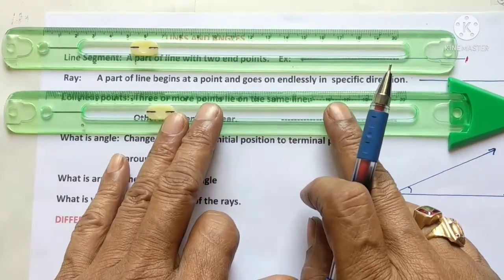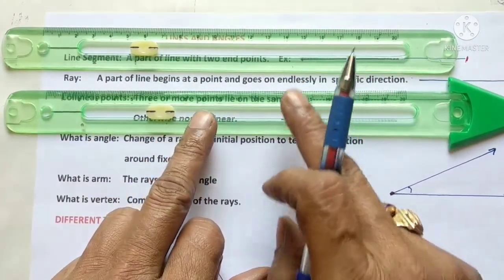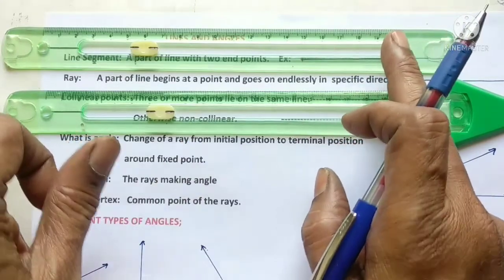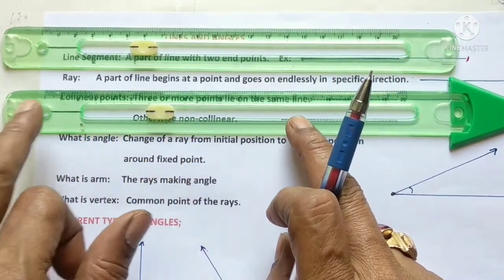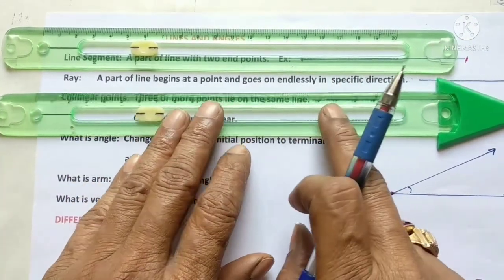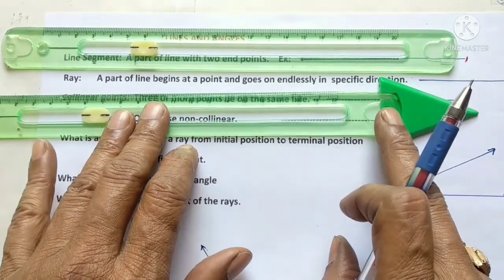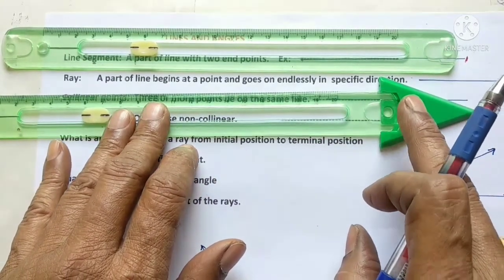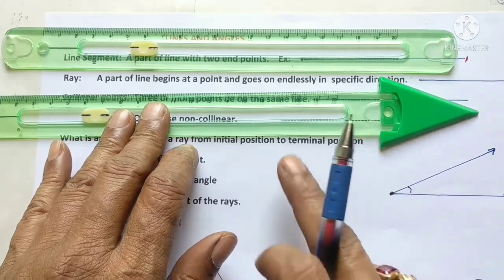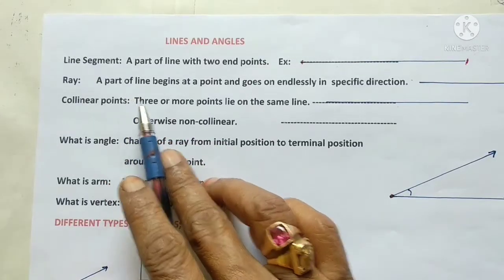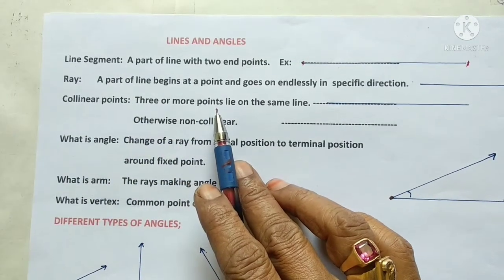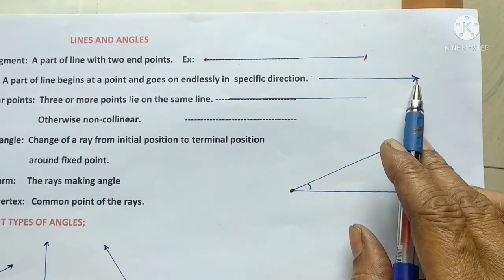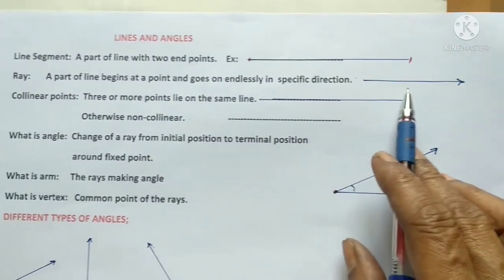We can find the difference between a scale, which is a line segment with 2 endpoints, and this ray. It starts from 0 and has an arrow mark on the right side, which means the right side is endless. So this is called a ray. A ray is indicated by an arrow mark on its right side or left side.